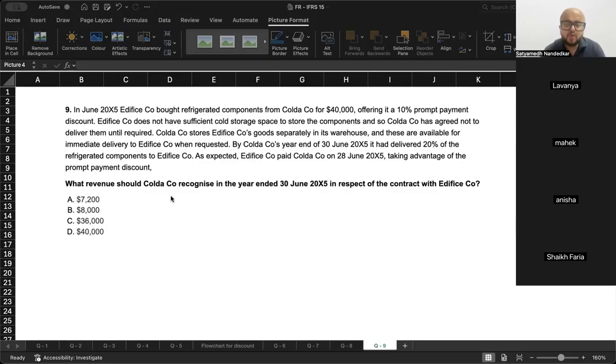Okay. So a bill and hold arrangement is where a supplier, so for example, I have sold goods to Faria.